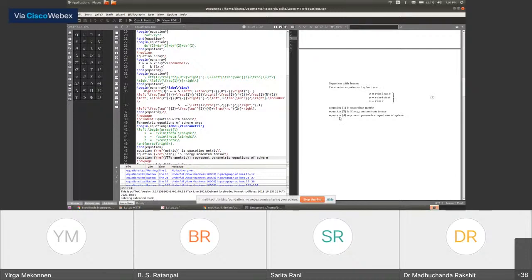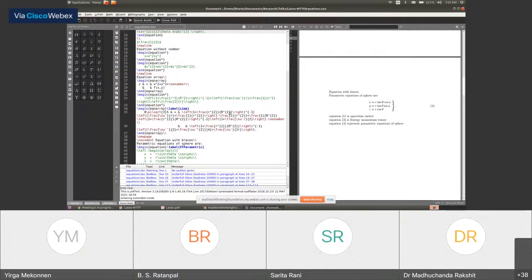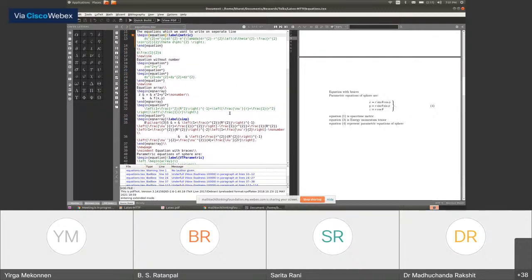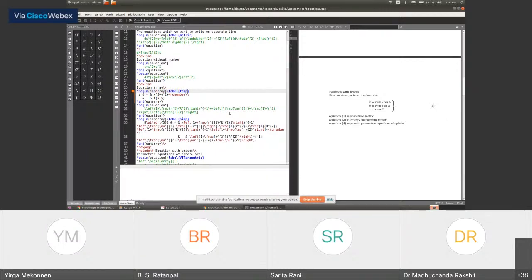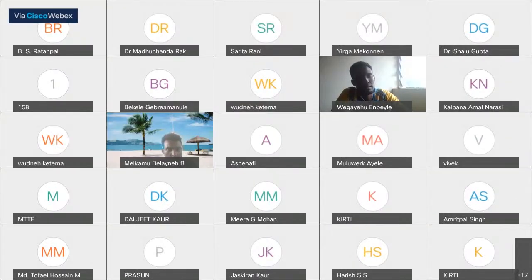For example, let me give this the equation number. I have not given a label yet, so let me give a label to this: \label{temp}. Now here it is equations 1, 3, and 4. But now after writing temp, see the equation. Just a moment.